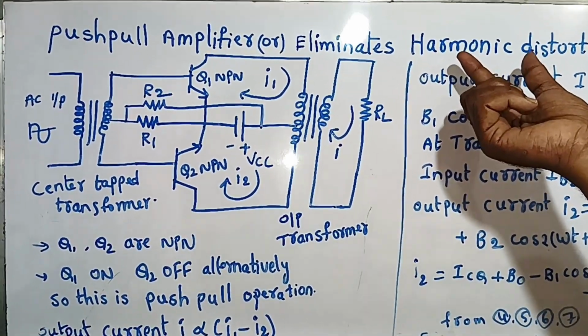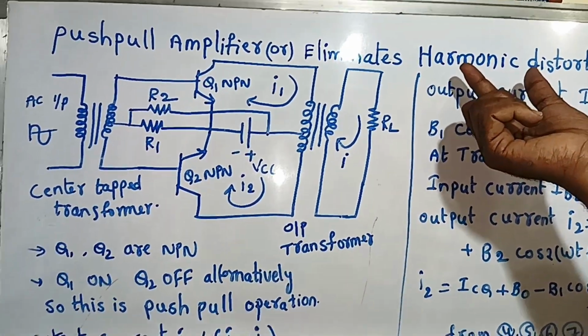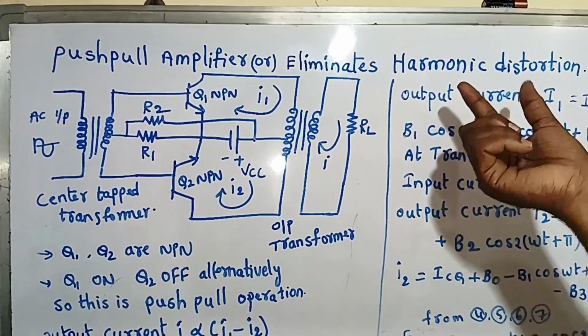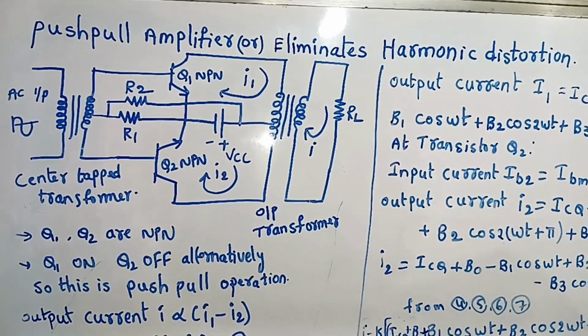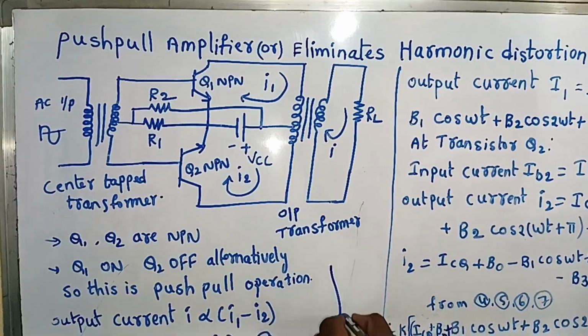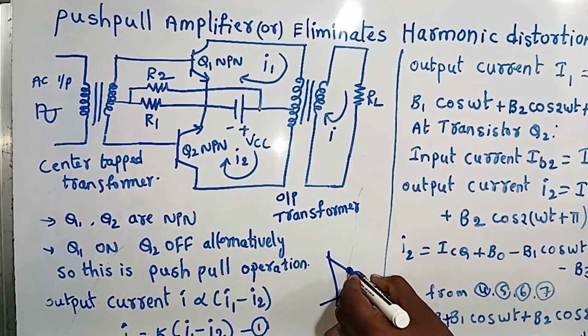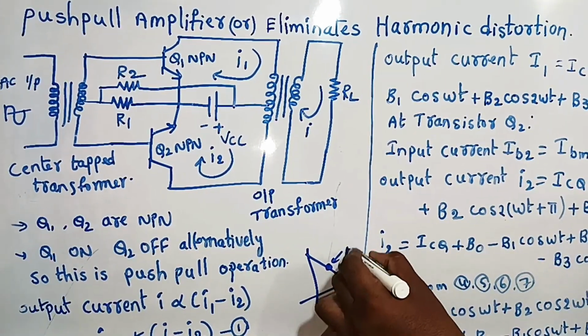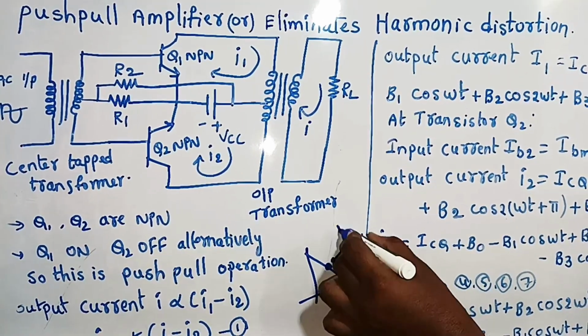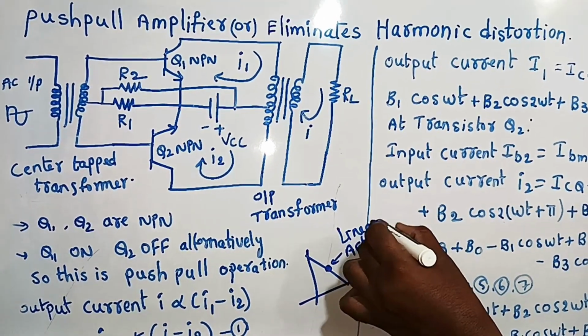Power amplifiers are classified based on the Q point or operating point. If the Q point is changing from one place to another, for example on this characteristic, this is the Q point. When the Q point is in the active region, that is called the linear region.